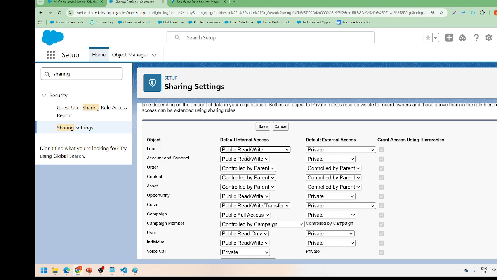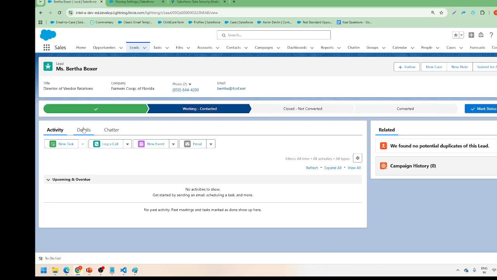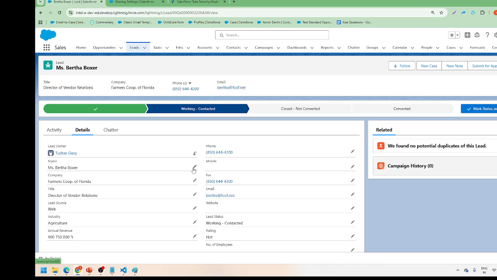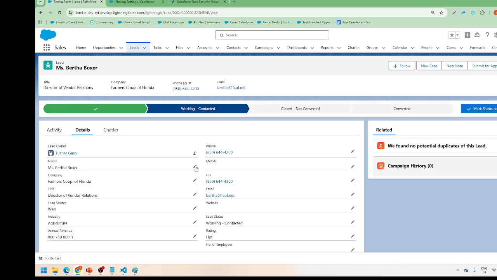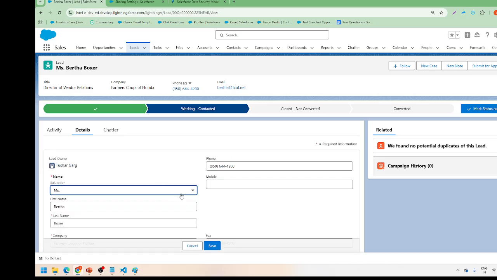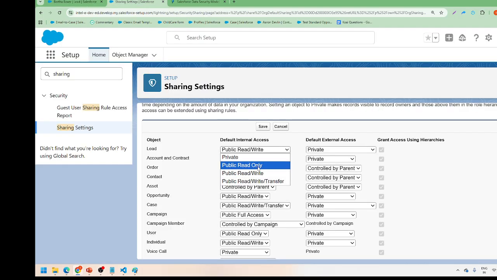Basically, when you choose public read only, then a person can only see the record. But if this is public read write, then they can see the record and they can edit the record also.